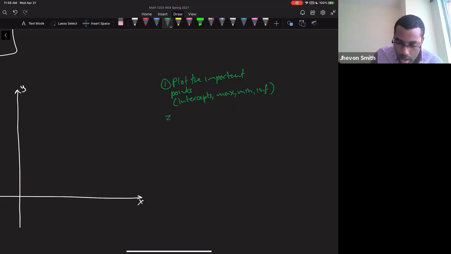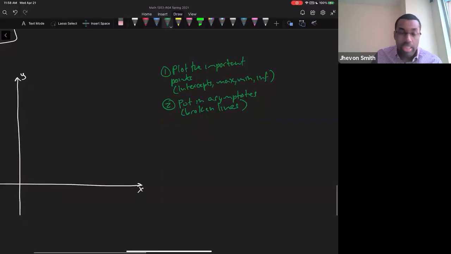The next thing I would say to do is put in the asymptotes. Of course, you use broken lines for those, so they're not actually a part of the graph. Remember, the asymptote is just the curve that it heads towards as the x or y coordinate become infinite. So that's the second thing I would put in.